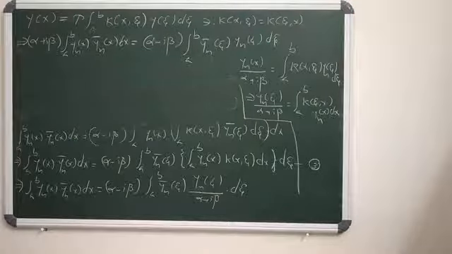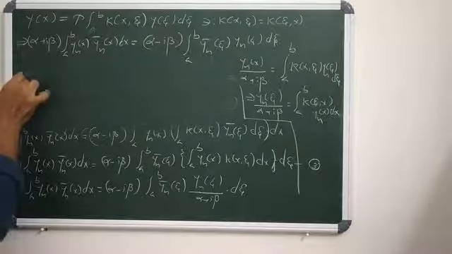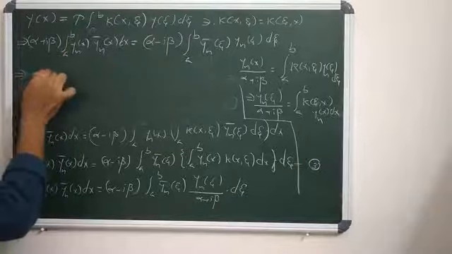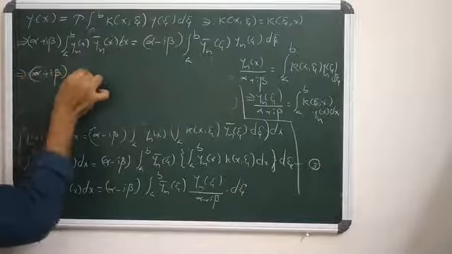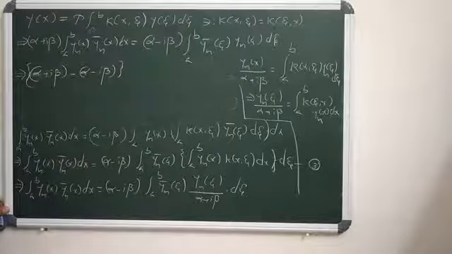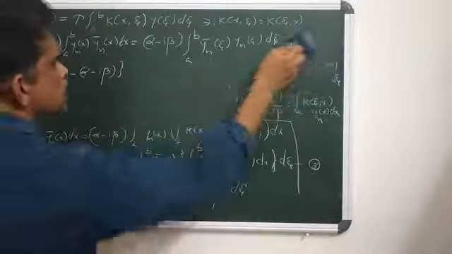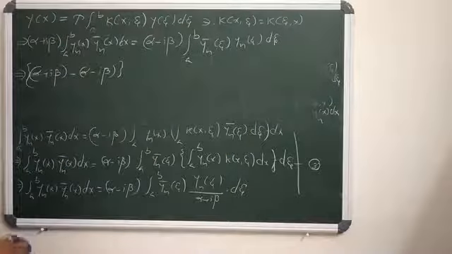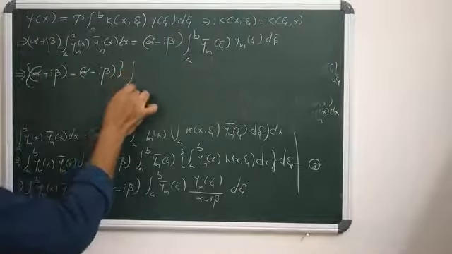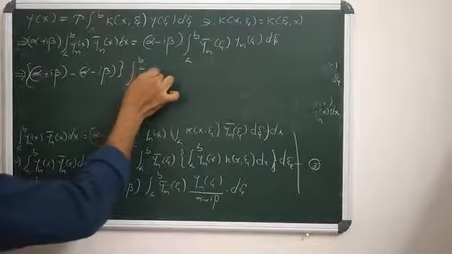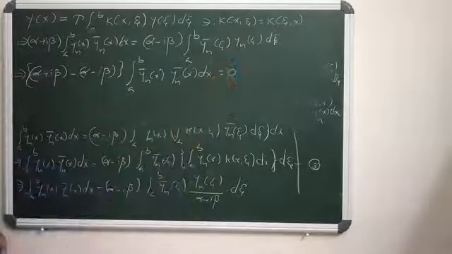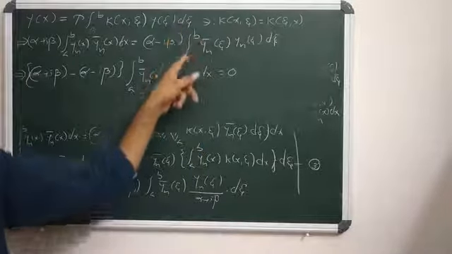Okay, bring all the terms to the left side, so I get (alpha plus i beta) minus (alpha minus i beta) into the integral from a to b of yn(x) yn bar(x) dx equals 0.